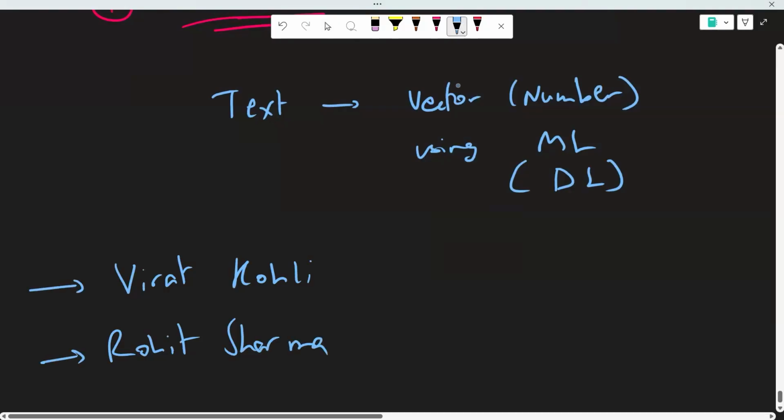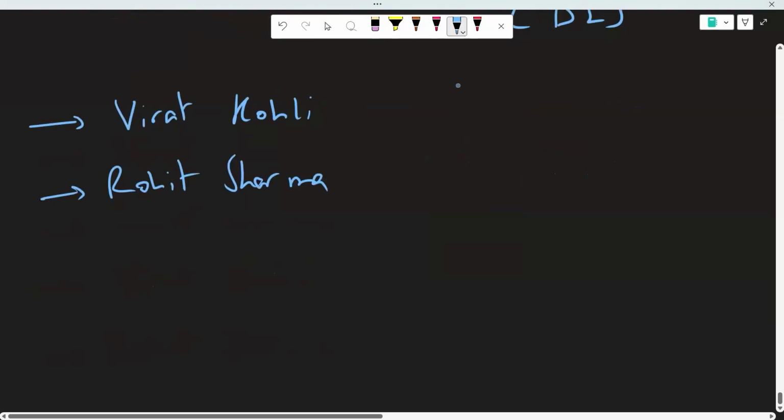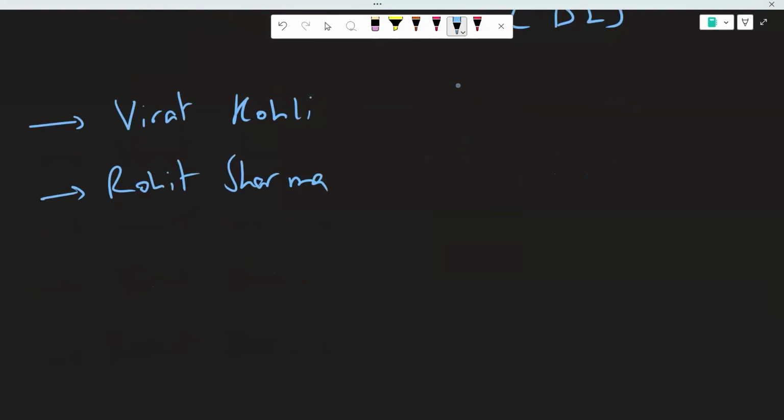Let's say these two names are occurring in documents. Some documents may have these two names occurring. I want to see how the relationship is between both of them, between A and B. Let's say this is A, this is B. I want to see what kind of relationship A and B have.